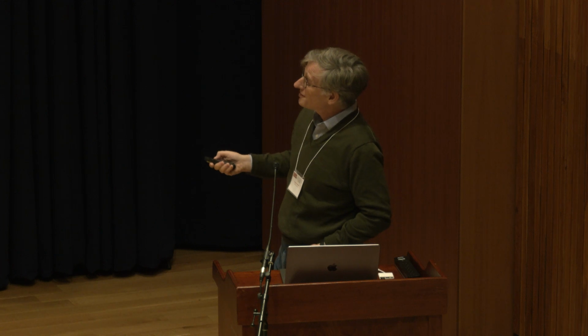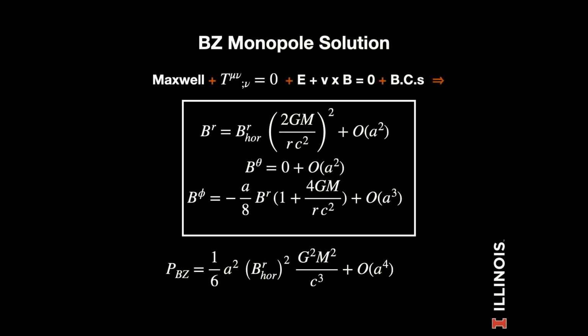So once you know this, and all this is in a particular coordinate system, mind you, you can calculate the Blandford-Znajek power of the black hole. And again, to lowest order in spin, it scales as the square of the spin multiplied by the field strength on the horizon squared, and then some other dimensional pieces to make the dimensions come out right.